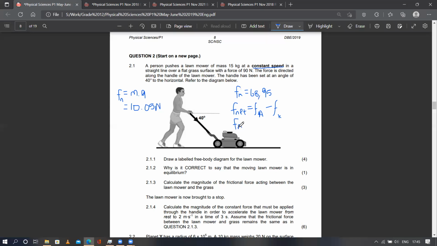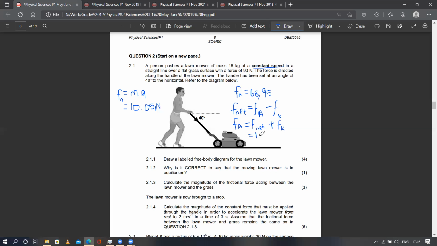So our applied force is going to be equal to our net force, F net, plus our friction. So this is way simpler at this point. You're just going to substitute in.